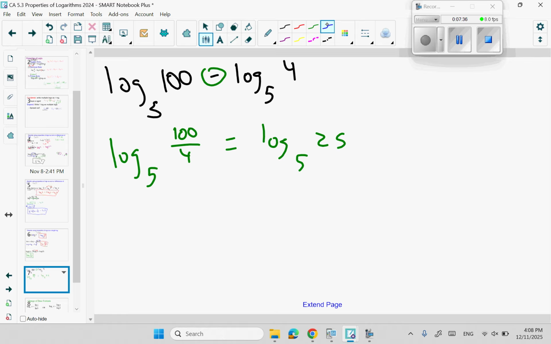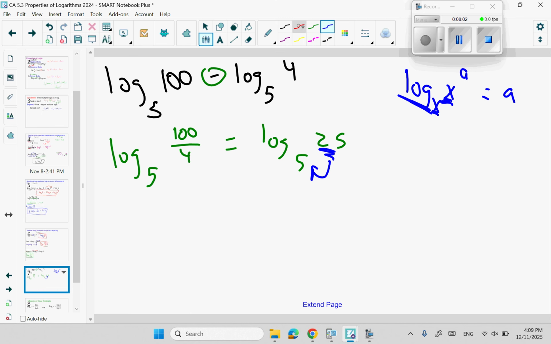Now, a really important property that we need to understand is if I have log base x of x to the a, that equals a, because log base x of x eliminates itself and my exponent remains. So whenever I have a number right here, I should try to express it as an exponent of this number.